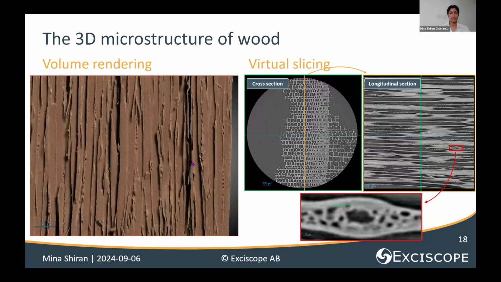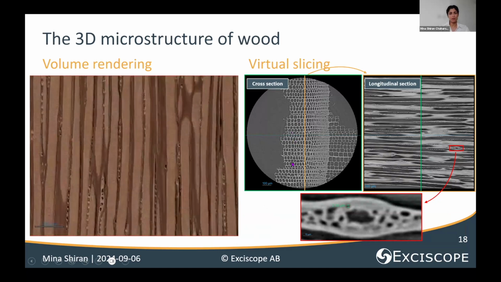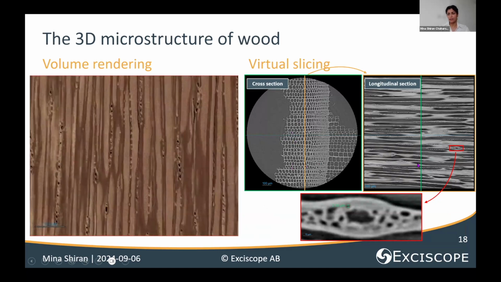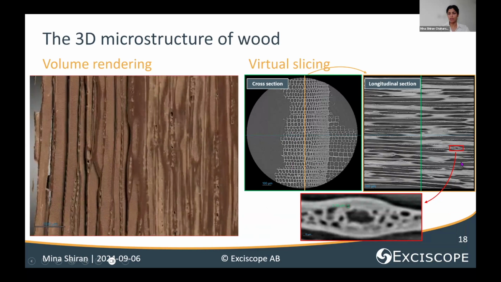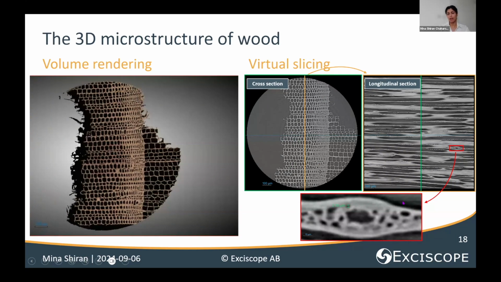That can provide a lot of information about, for example, how the vessels look inside the wood, and it can even show some pores inside the wood. This information can give knowledge about the quality of the wood and some of its properties, including, for example, thermal conductivity, permeability, or density of the wood.